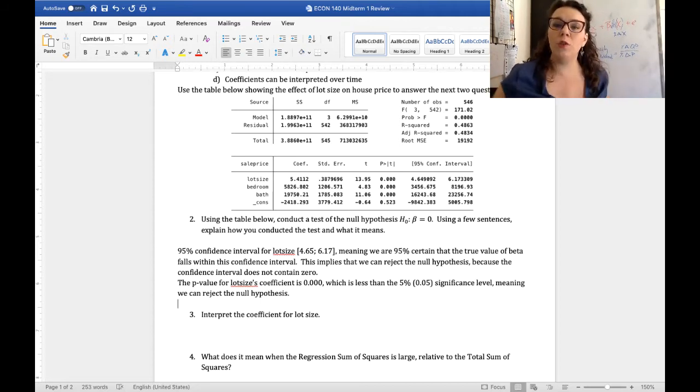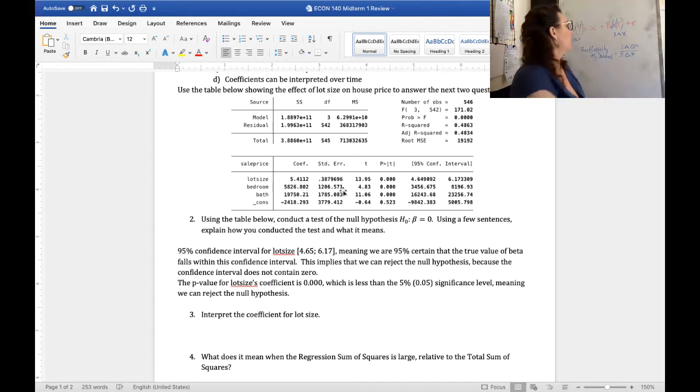So those are the two main ways that you can test that null hypothesis. You can also look at the standard error, which is 0.3879696, which is less than half the size of the coefficient. So that's good too. What that means when we test that null hypothesis is that we do believe that the beta has some real value, which means that our x has explanatory value.